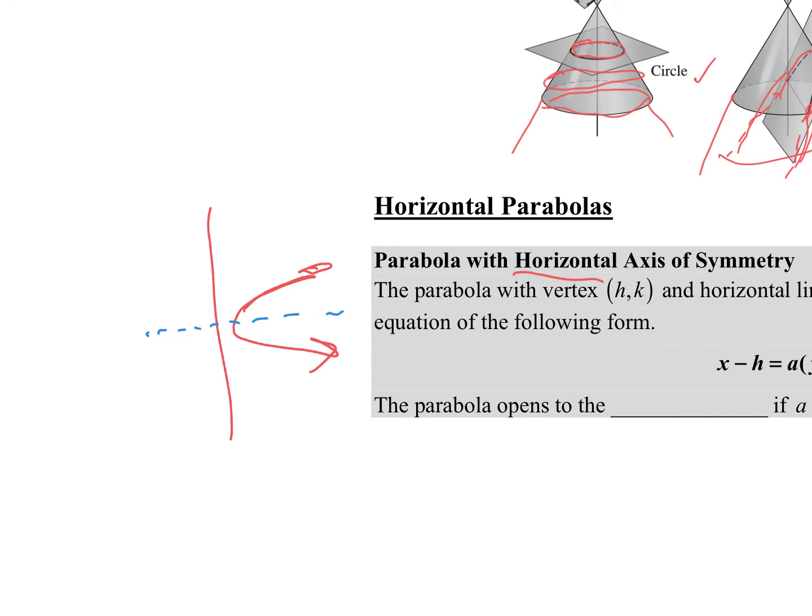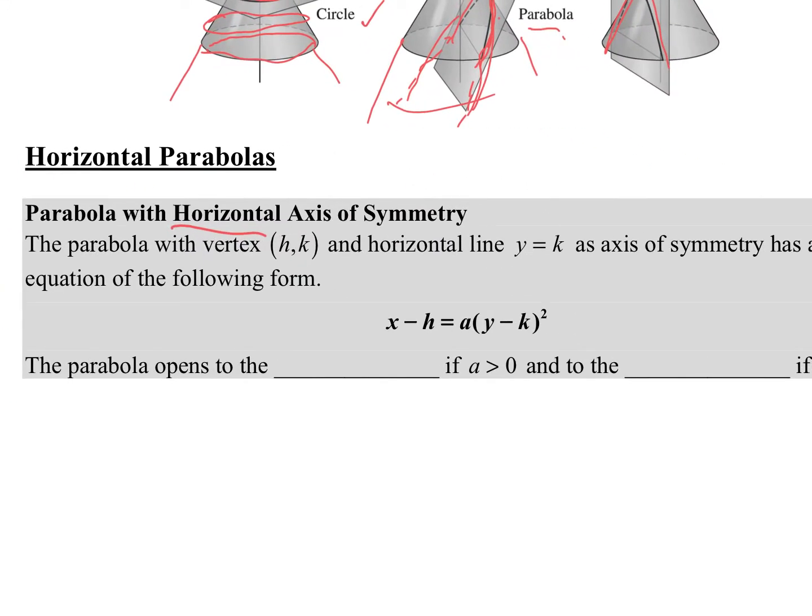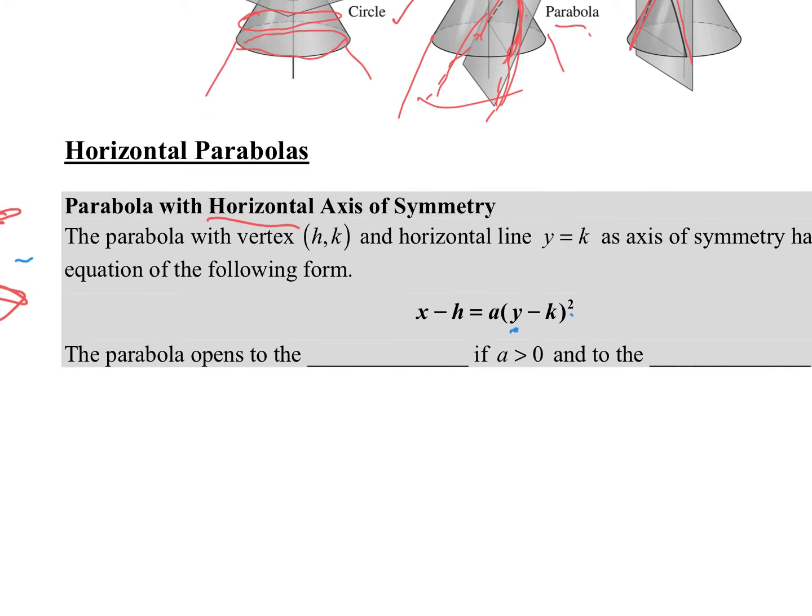So notice inside this parenthesis, the y is being squared. Now, you might have been more comfortable with y minus k equals a times x minus h squared, because you've sort of done this before.